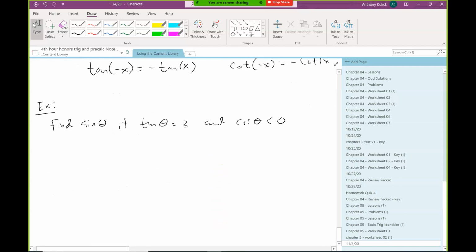The identity that you would need to use, because it's the only one that involves tangent and only one other trig function, is this Pythagorean identity: 1 plus tangent squared is equal to secant squared. Everything else involves tangent and two other things.